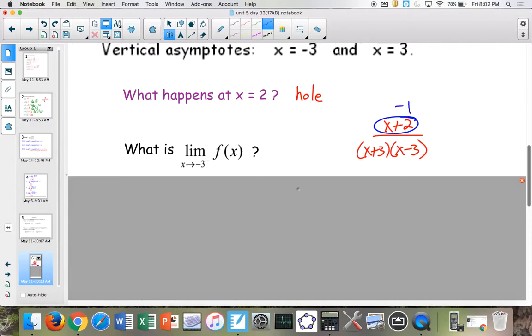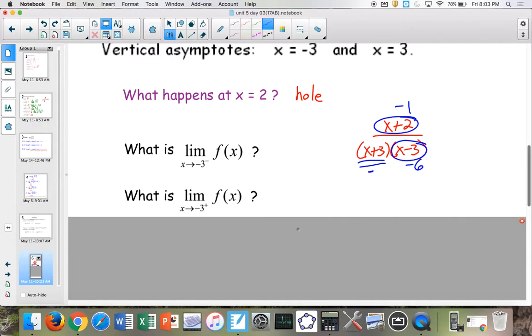And with the x minus 3 term, we're approaching negative 6. But with the other term, x plus 3, we're approaching 0. But as I'm plugging in numbers to the left of negative 3, like negative 3.1, negative 3.01, I'm going to be getting negative values here. So we wind up getting really, really small negative numbers in our denominator, which gives us really, really big negative numbers overall. And so we're approaching negative infinity.